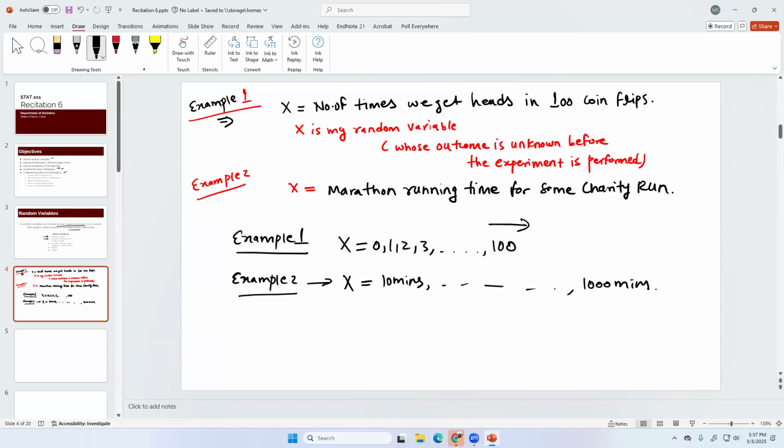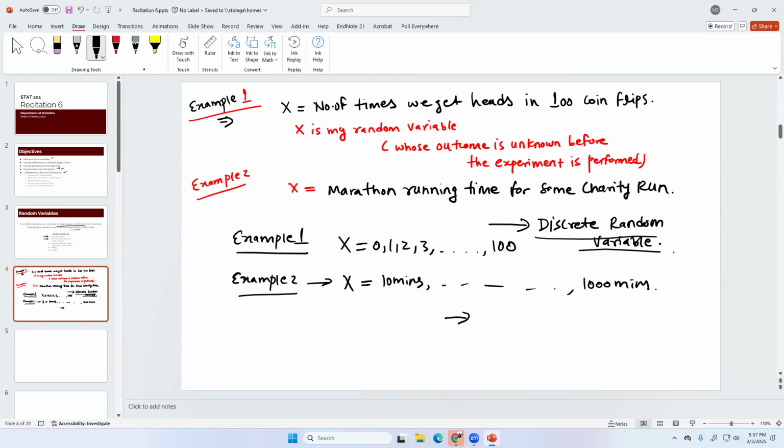So what kind of random variable is this x? Is it discrete or continuous? Example 1 is discrete, right? Because x can take only integer values, 0, 1, 2, 3, 4. It's not taking any decimal places. So this is an example of a discrete random variable. And this is an example of a continuous random variable, because in this example, x is representing time, and time is always continuous.